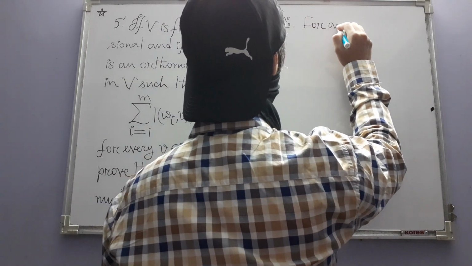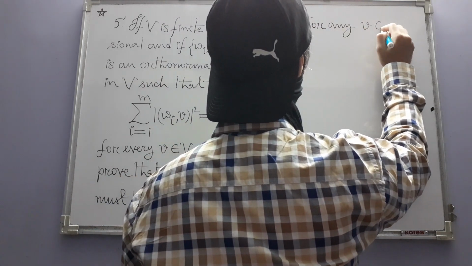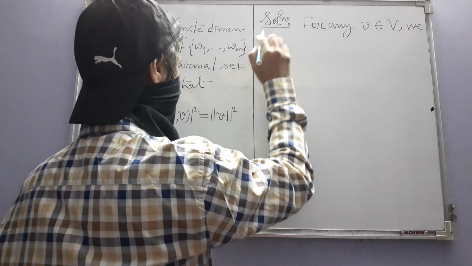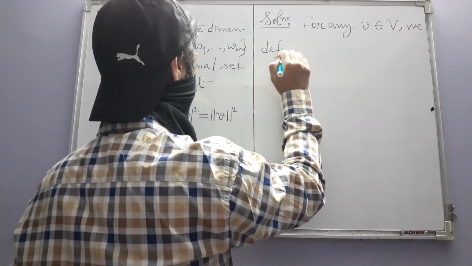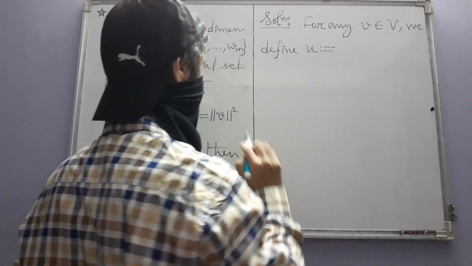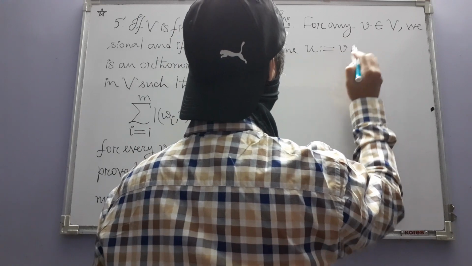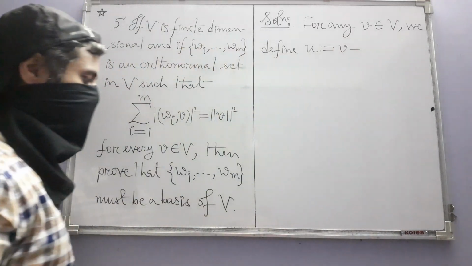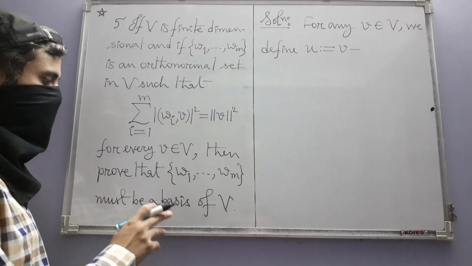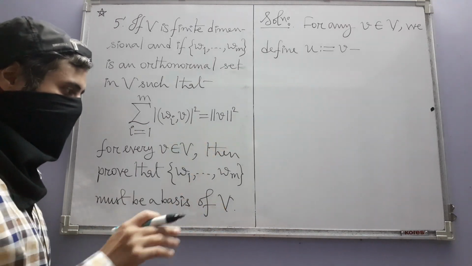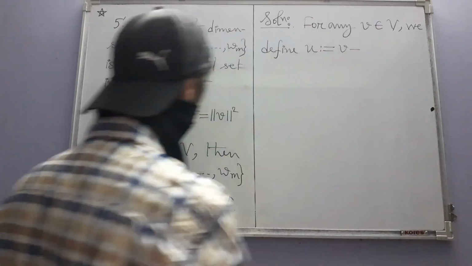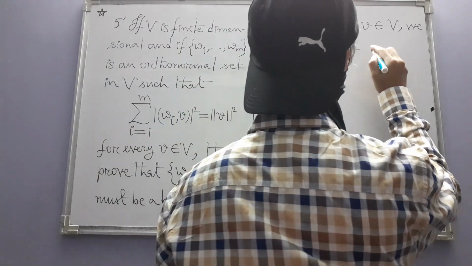For any V in V, we define the vector u. That is, what I said just now is that from V we are going to subtract all the components of V along the directions of these vectors. The component of V along the direction of W1 is this.